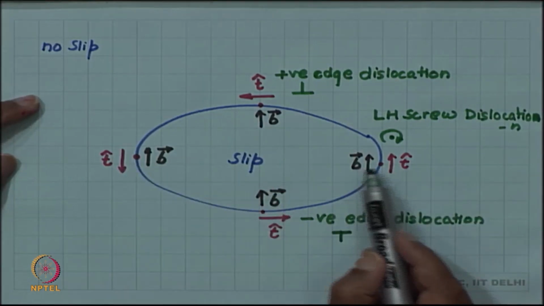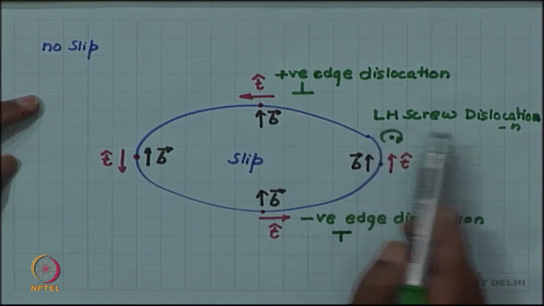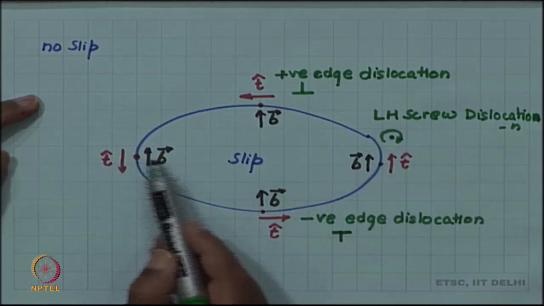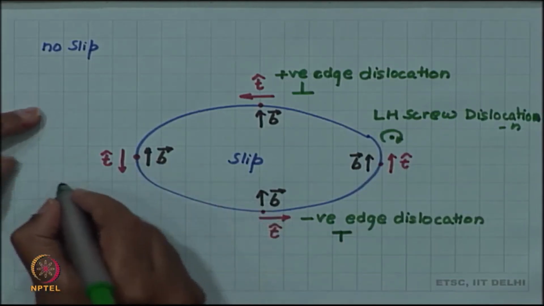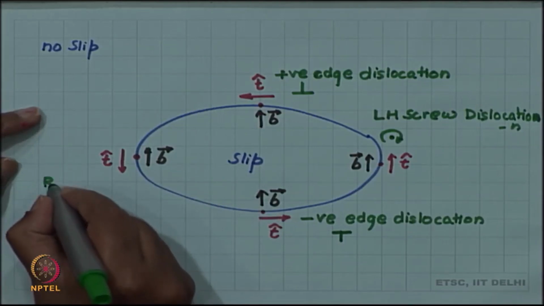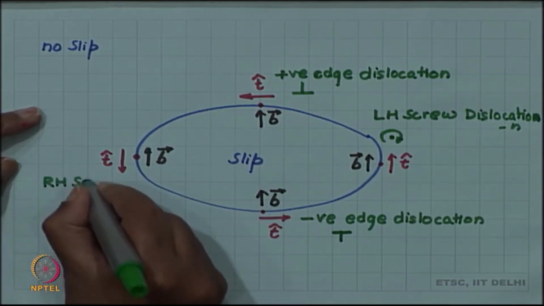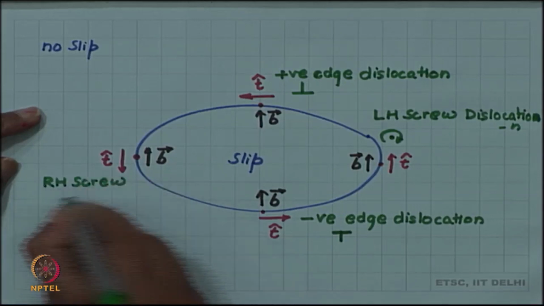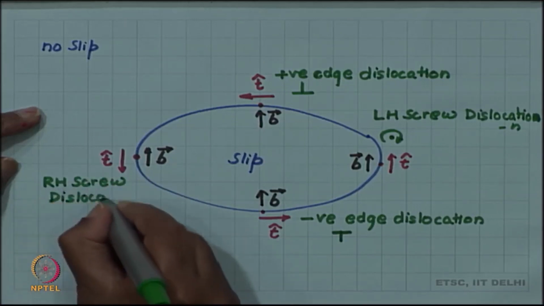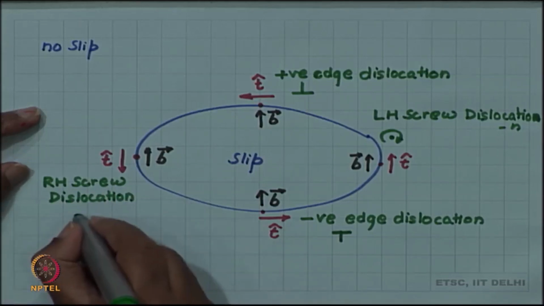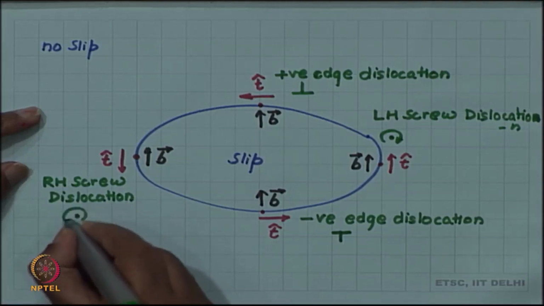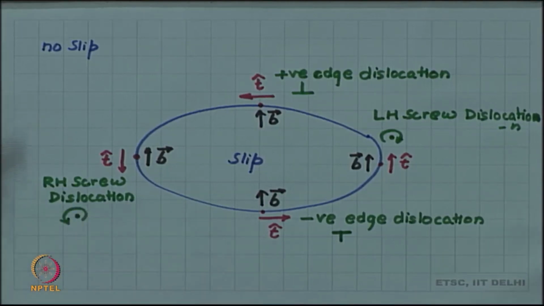Here T and B were parallel and that gave us a left-handed screw dislocation. Here T and B are anti-parallel, so it will give a screw dislocation of opposite sign, and so in this case it is a right-handed screw dislocation, which we can denote by a symbol like this.